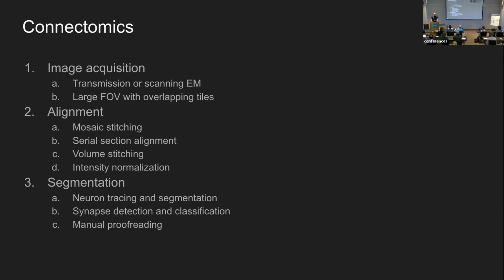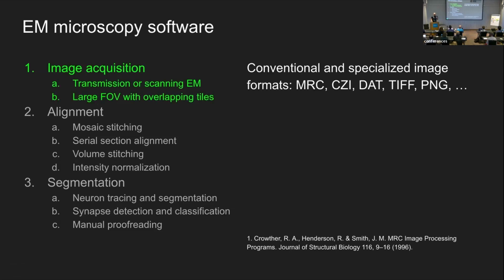Okay. So for me, this started with a tool. Well, first about microscopy. I'm not a microscopist, so this will be the shortest part. When data comes from microscopes, there is a diversity of conventional and specialized data formats, as you all know.